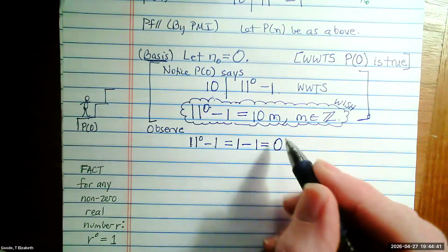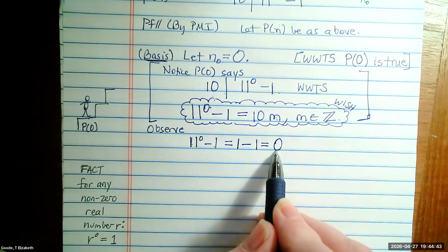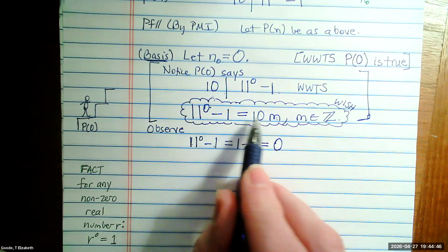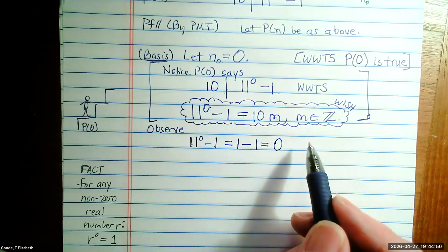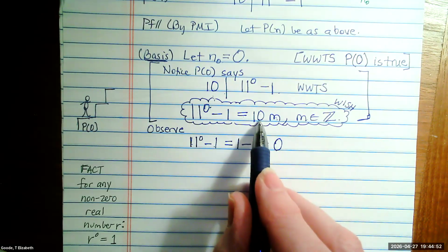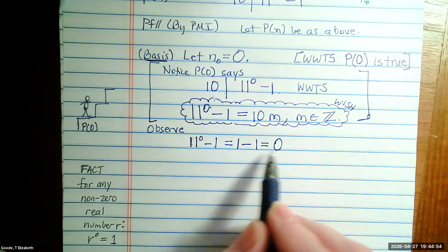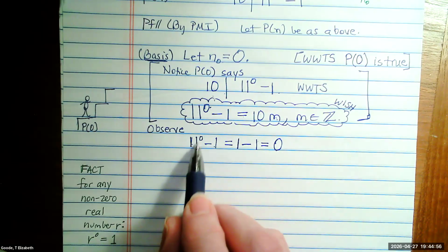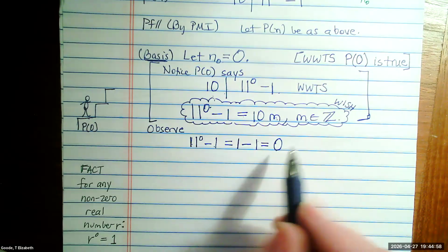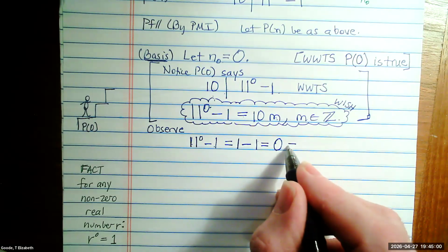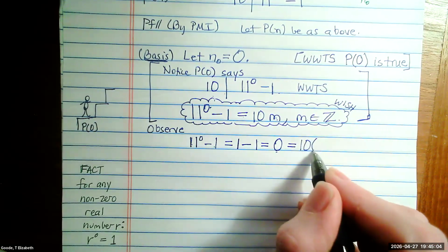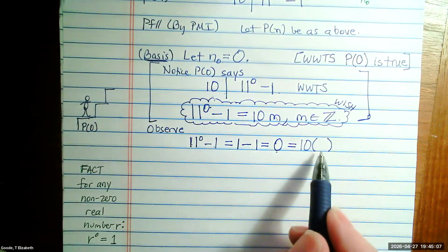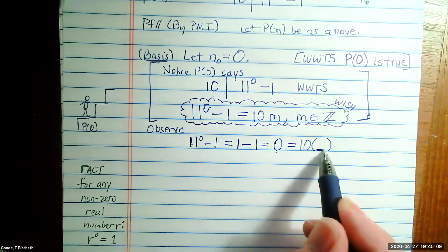So 1 minus 1 is just going to be 0. And now our job is to show that 0 is equal to 10 times some integer, because we want to show that 10 divides 0, because 11 to the 0 minus 1 turned out to be 0. So we want to somehow write 0 is equal to 10 times some integer. Well, what integer will work?